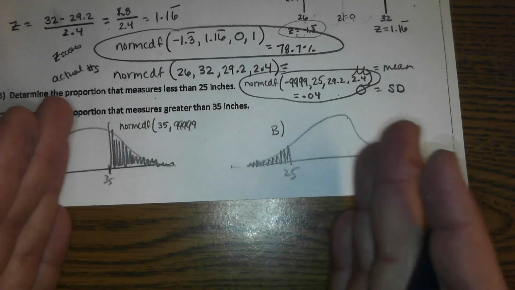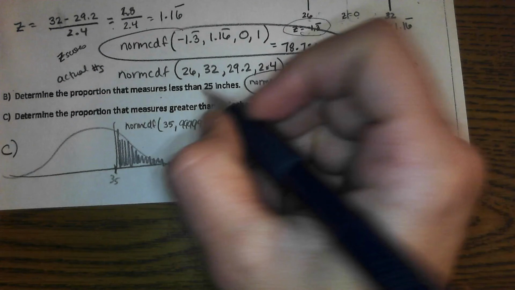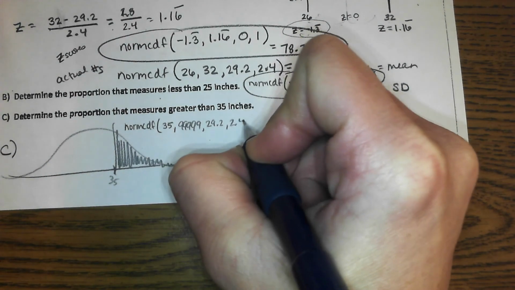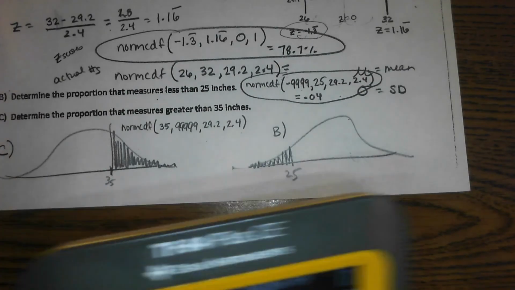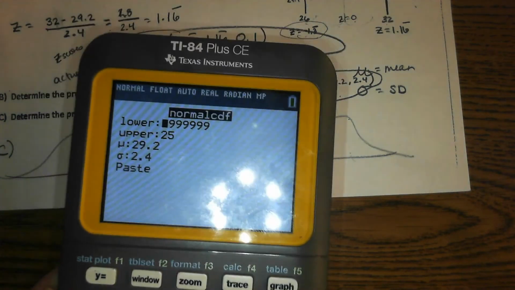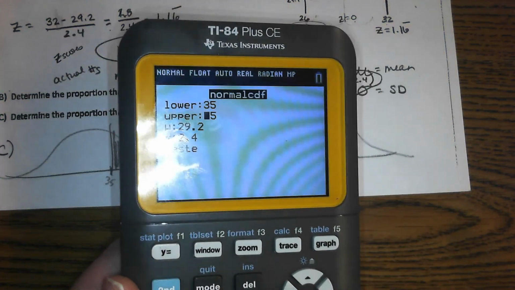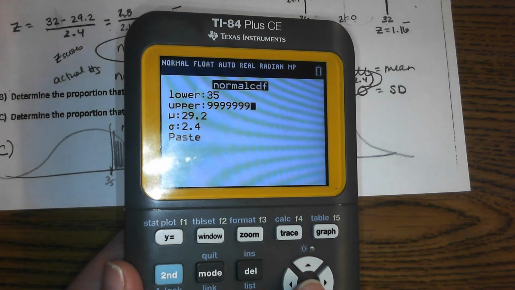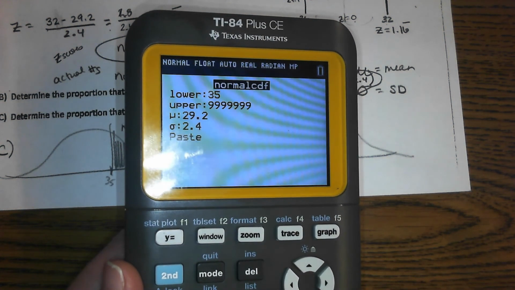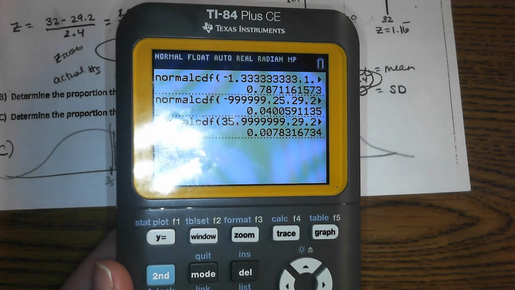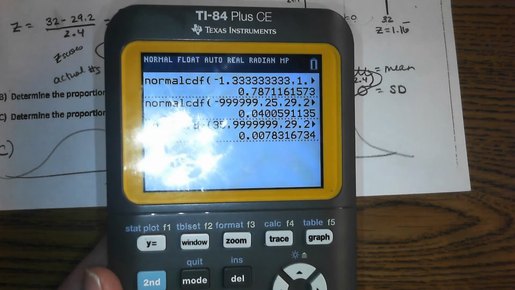It's going to give you everything above 35 with a mean of 29.2 and a standard deviation of 2.4. So you would just type that in, second VARS, change your lower and your higher. Low is 35, high is 9999999. And 29.2 and 2.4 haven't changed because we're still in the same problem. And we get 0.0078.